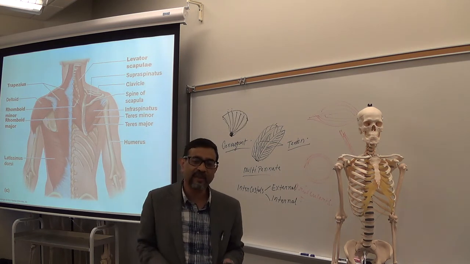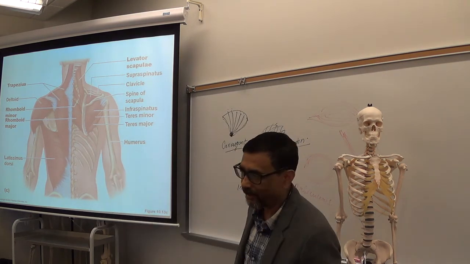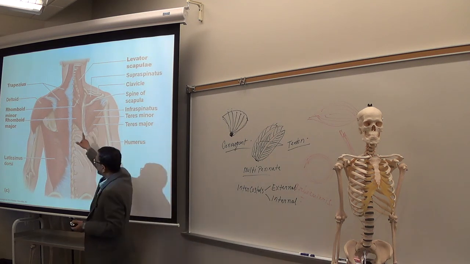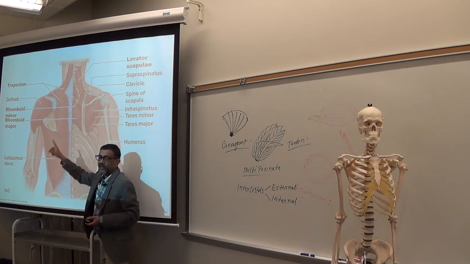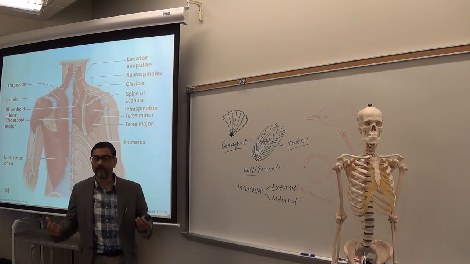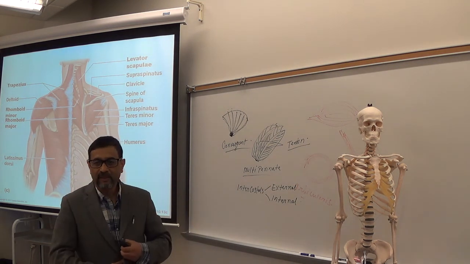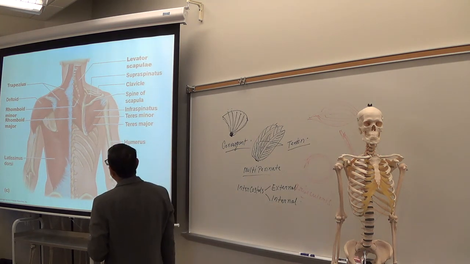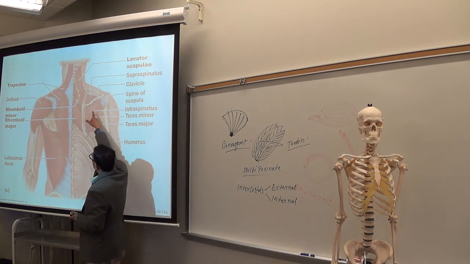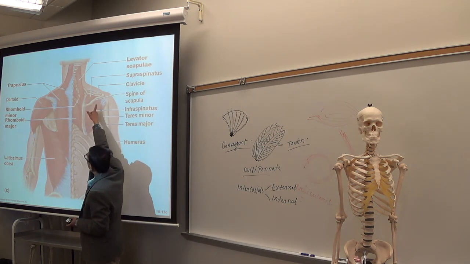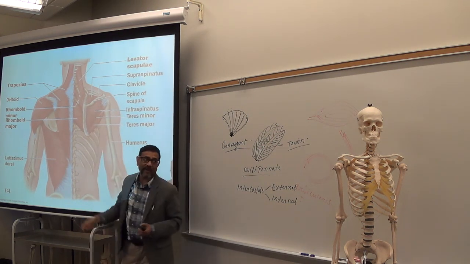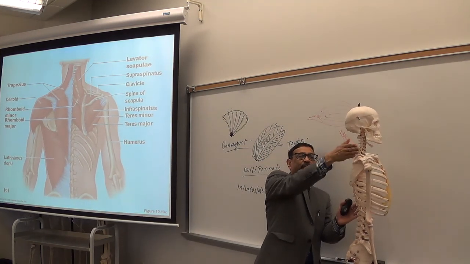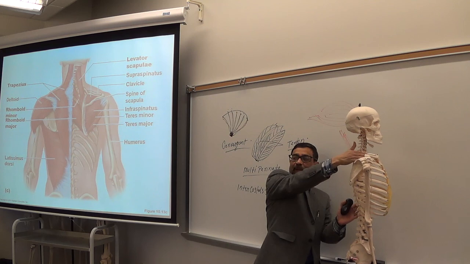Lifting the scapula. So it must come from above and attach to the scapula. Rhomboideus major, rhomboideus minor, or rhomboid major, rhomboid minor. The bigger one, both are rhomboid shaped. Supraspinatus, you must remember the spine of the scapula in the back. This is the spine, right, of the scapula. So supraspinatus is above the spine of the scapula. Infraspinatus.